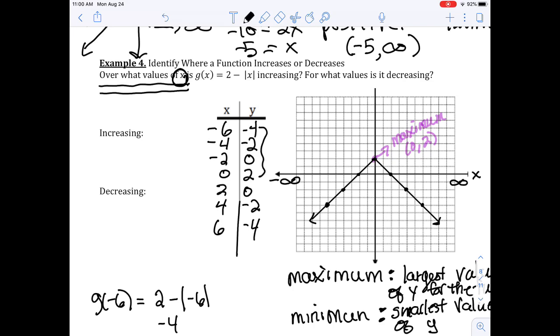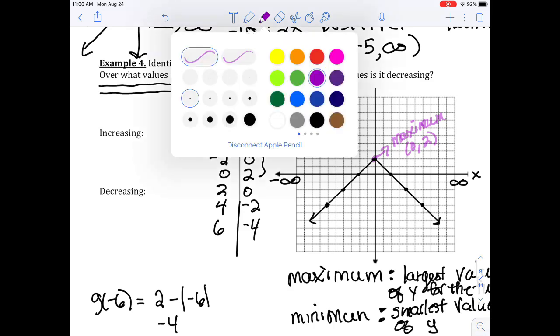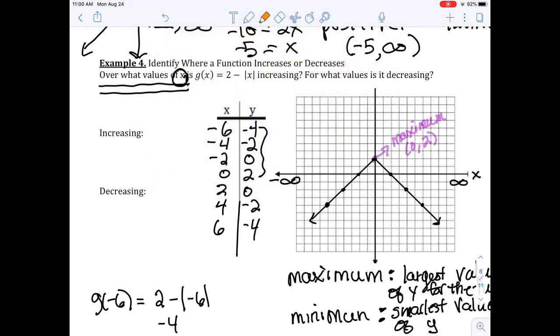So here, I would say that the graph is increasing. The y values are increasing. I'm going to highlight where the y values are increasing, so I'll highlight that in orange. The orange section of the graph indicates where g of x is increasing.